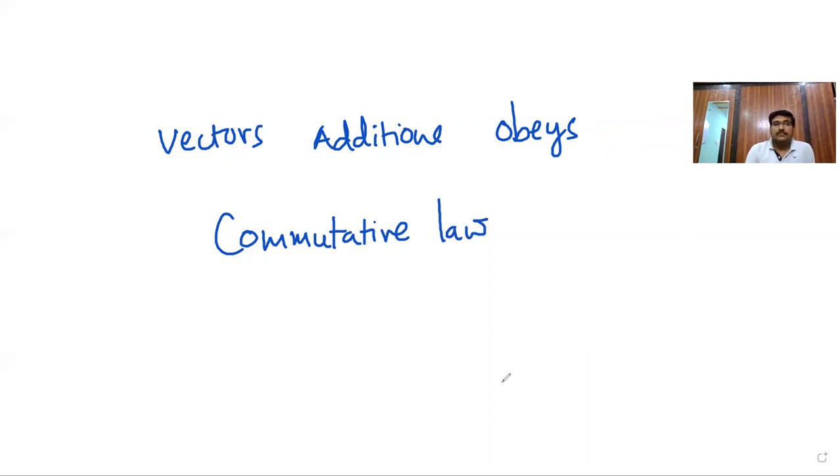Is it clear? So this is A bar, this is B bar, resultant is A bar plus B bar. Okay.